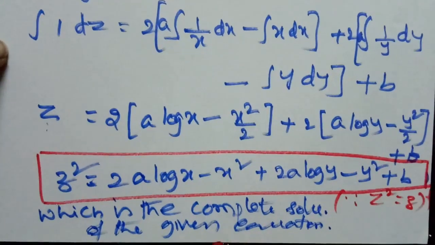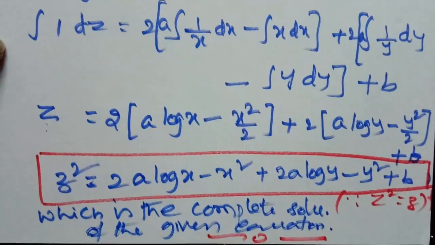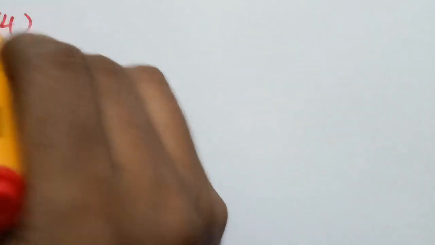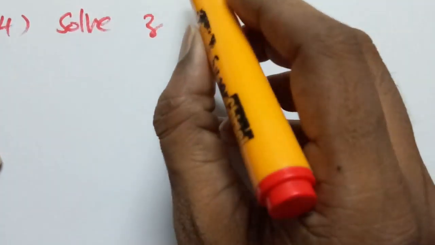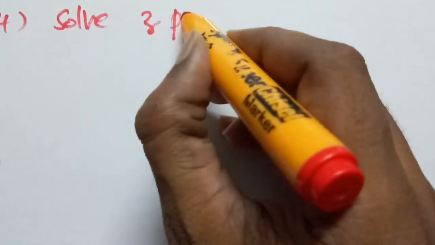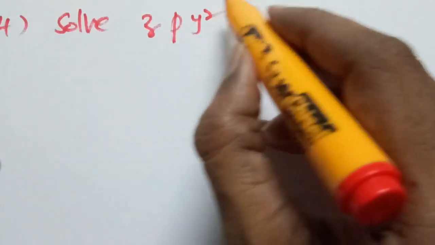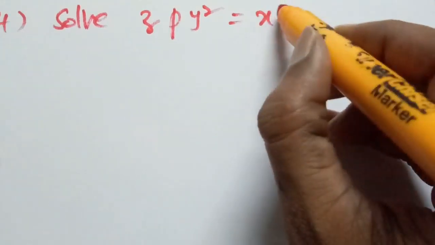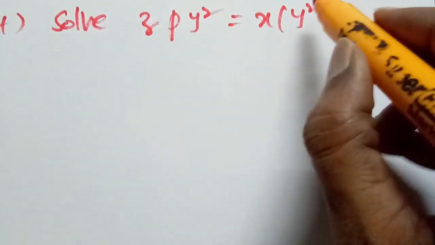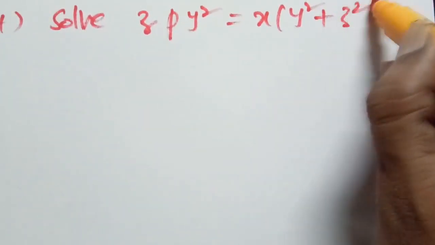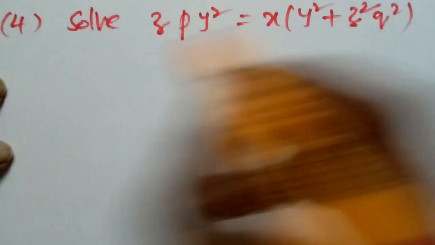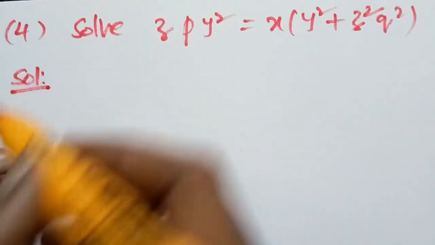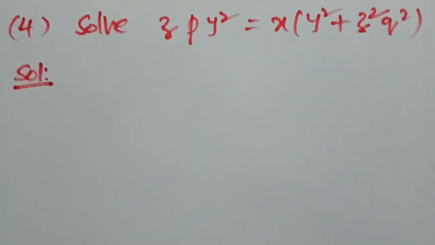Complete solution of the given equation. Now fourth problem, solve z into p into y square is equal to x into y square plus z square into q square. Write down the given equation.